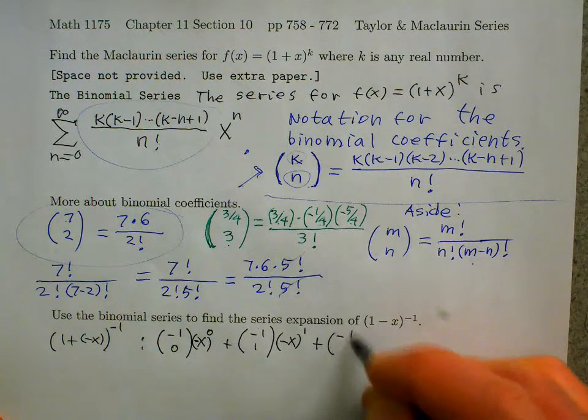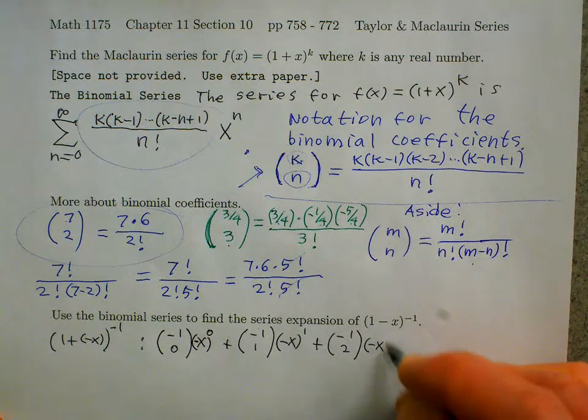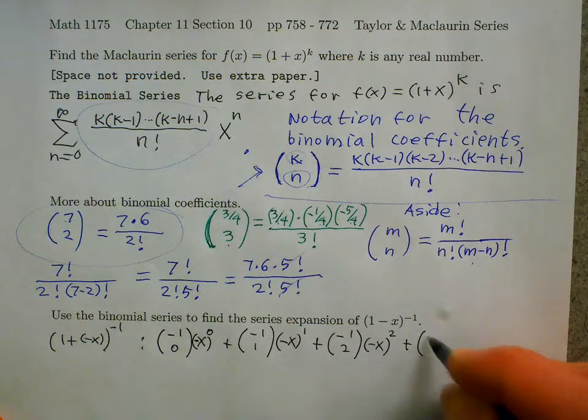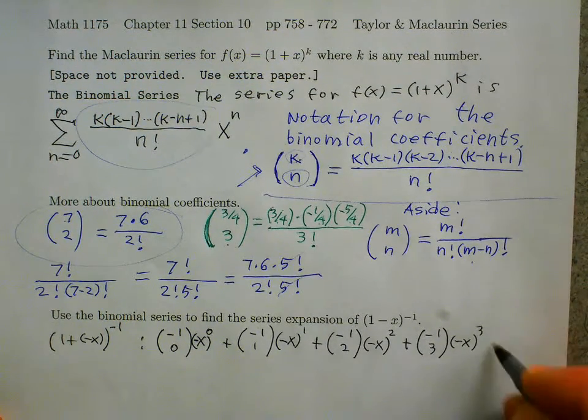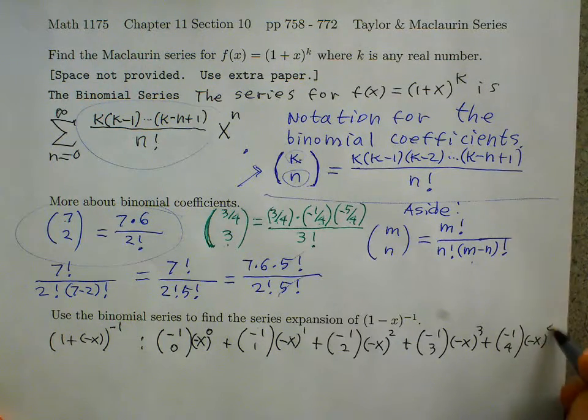Yeah, negative 1, choose 2, times negative x to the second. We'll just do a couple more. And then negative 1, choose 3, times negative x to the third. Negative 1, choose 4, times negative x to the fourth, and so on.